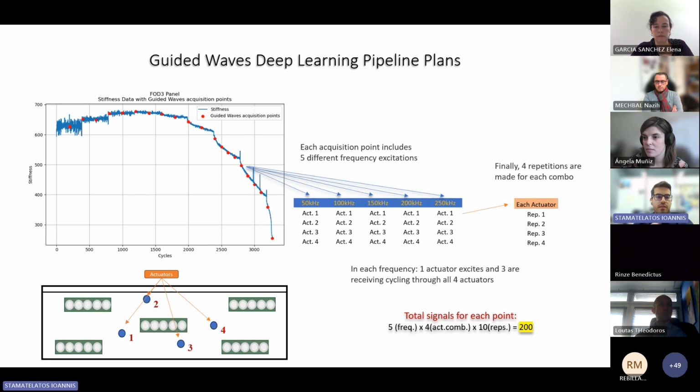So at the end, for each FOD panel, we have 200 signals for each red point in the graph. This is very good, a lot of data, and this amount of data enables us to perform a variety of deep neural network approaches.